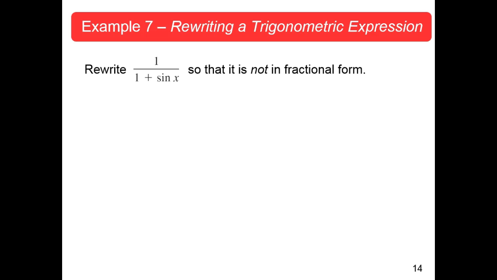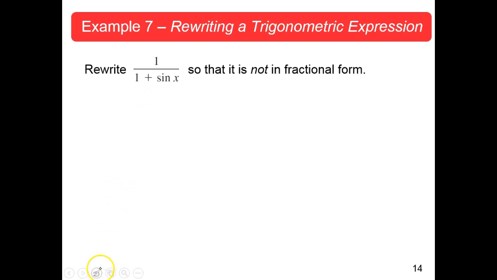Did you multiply 1 plus sine x by 1 minus sine x? Okay? Multiply by its conjugate. That's always a pretty safe thing to do. And I think as soon as we do that, you'll see why.